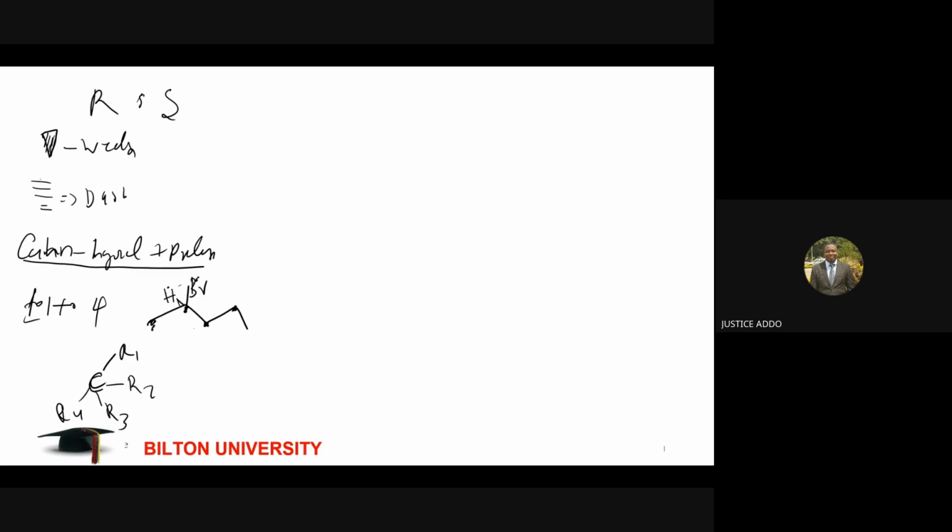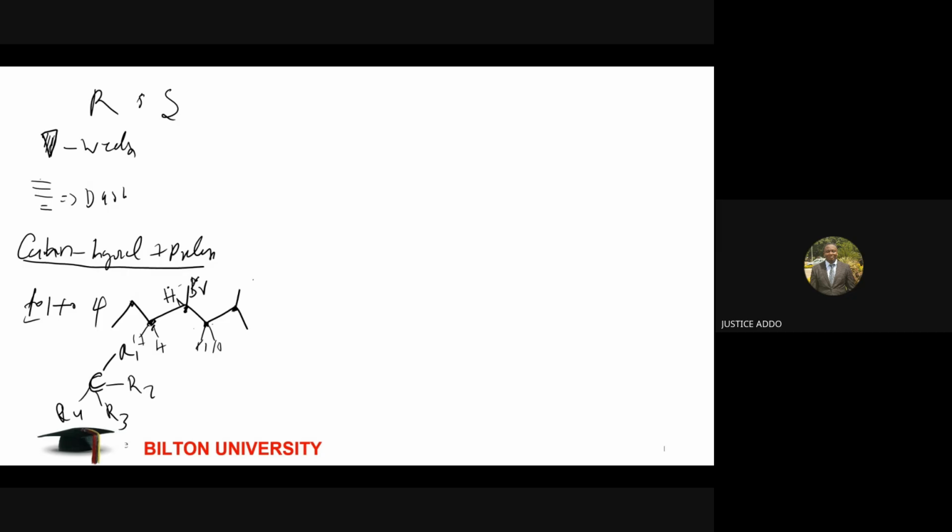Now, sometimes it happens that, for example, let me add another carbon here. If you look at this chiral center, these 2 carbons are also attached to another carbon. So it reaches a point whereby these 2 carbons are the same: these have 2 protons, these have 2 protons. So we go next to the other atoms directly attached to them to see which one gets the highest priority.